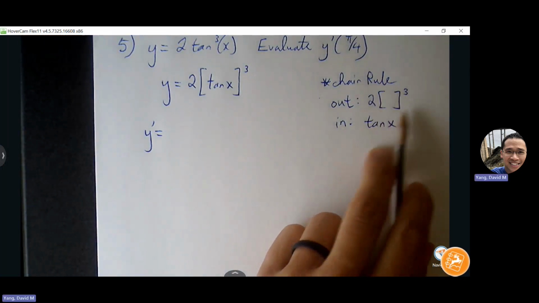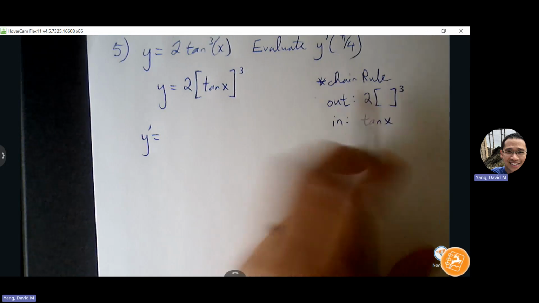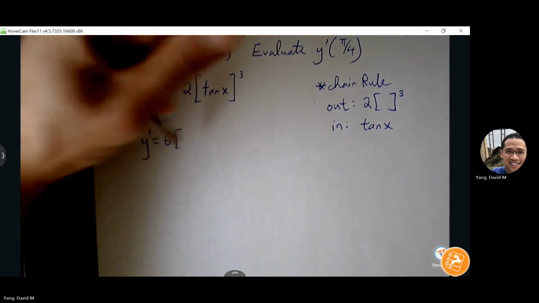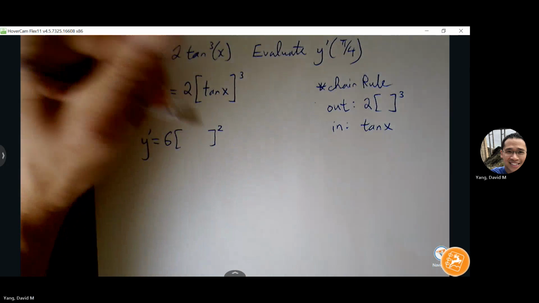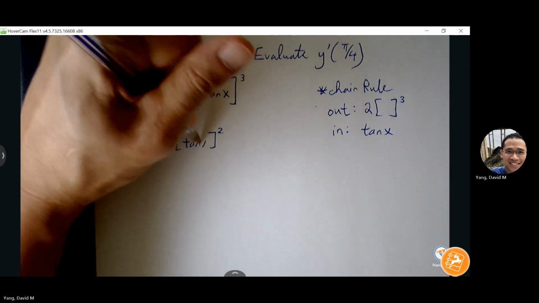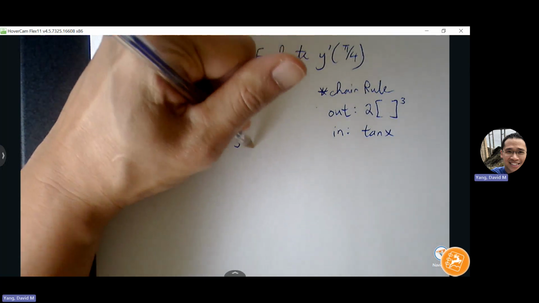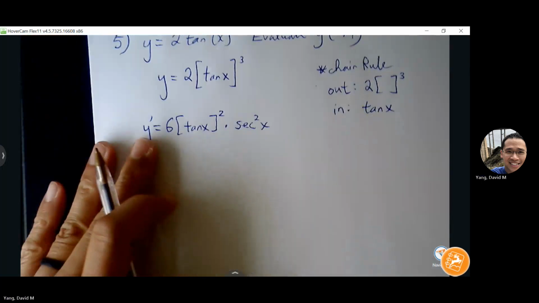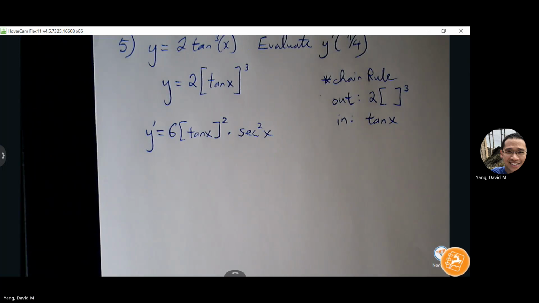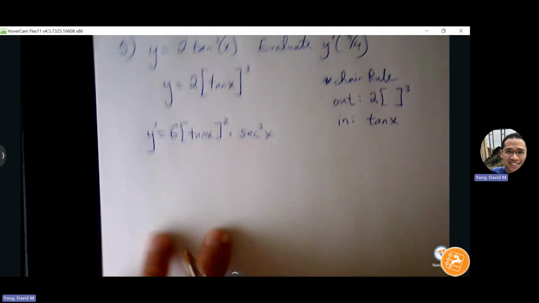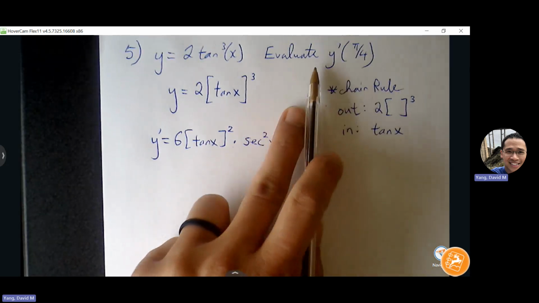Okay, outside's derivative, we go through power rule there. Keep the inside the same. And then tangent becomes secant squared. Replace every x now with pi over 4 to get from our derivative down to our slope.